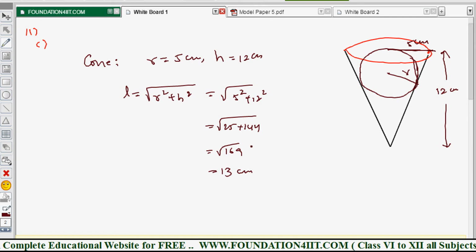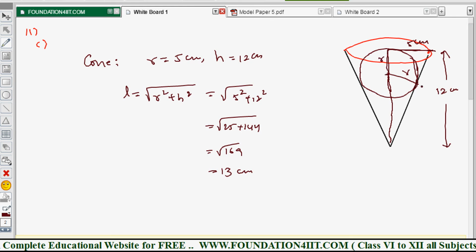So using similarity you will get R by 5, that is the radius. And from this total, this part you subtract. This is also radius only, the straight height. From here to here is radius, and this is also radius.